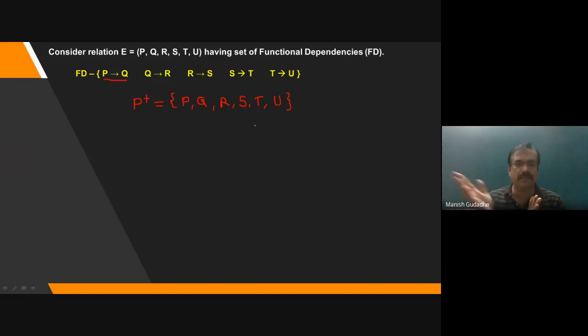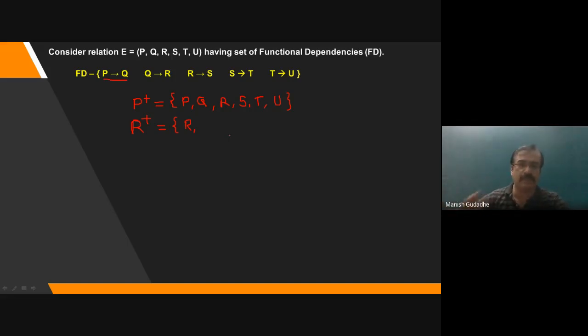Okay, this is a simple transitive rule. This is a rule of transitivity we are mentioning. So P can determine all the attributes which are present in this. Now if I say closure of R, of course closure of R means R can be determined with R. The trivial dependency, what we said.